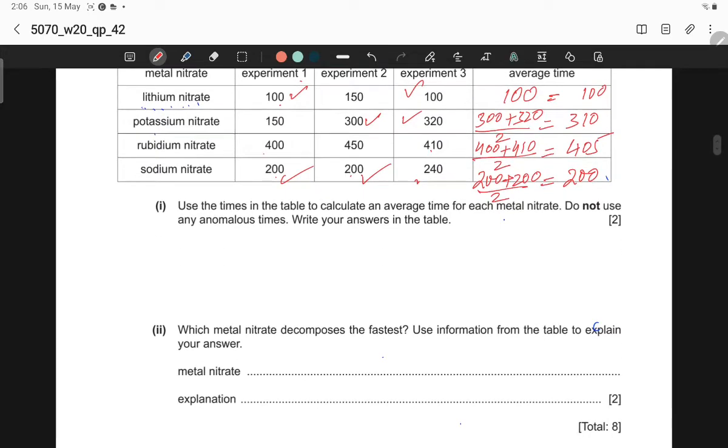Use the times in the table to calculate the average time for each metal nitrate. Do not use any anomalous times. Write your answers in the table.